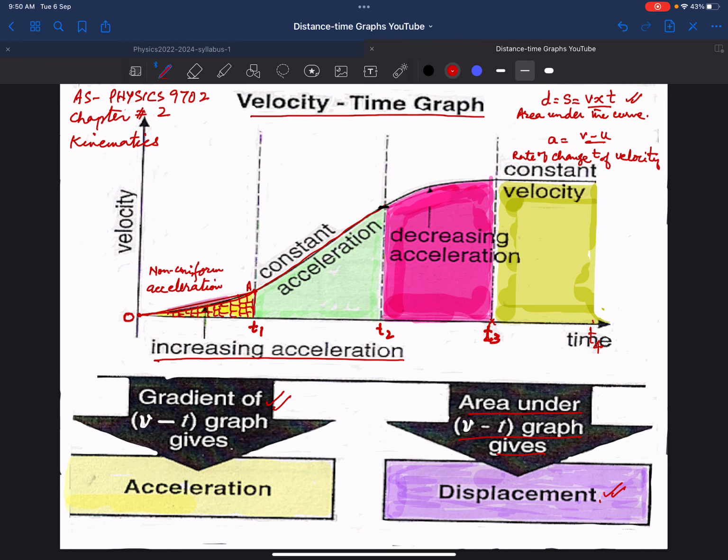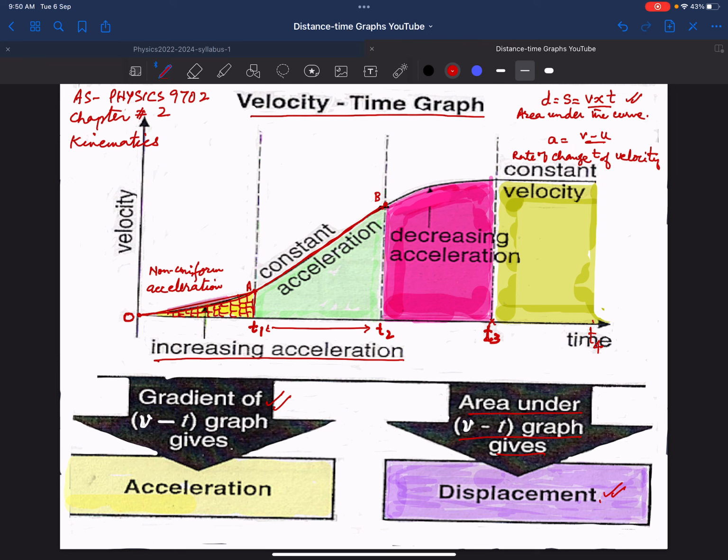But from A to B, what is the situation between time t1 and t2? As we have just discussed, the gradient gives you the acceleration. In this region, the gradient is constant, so acceleration is constant.